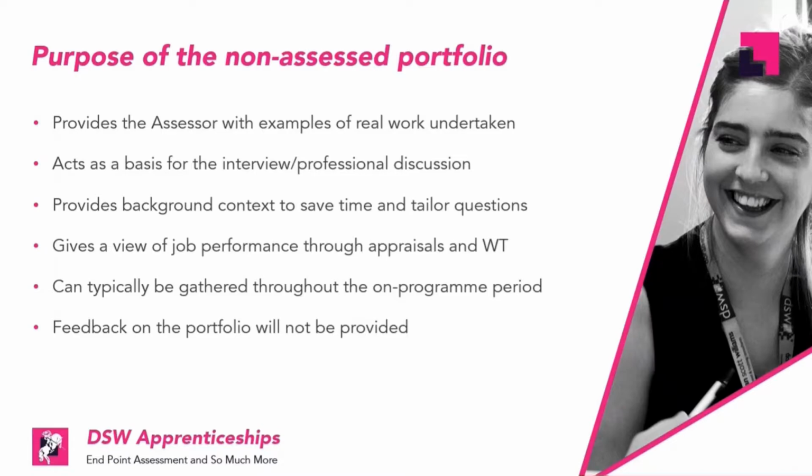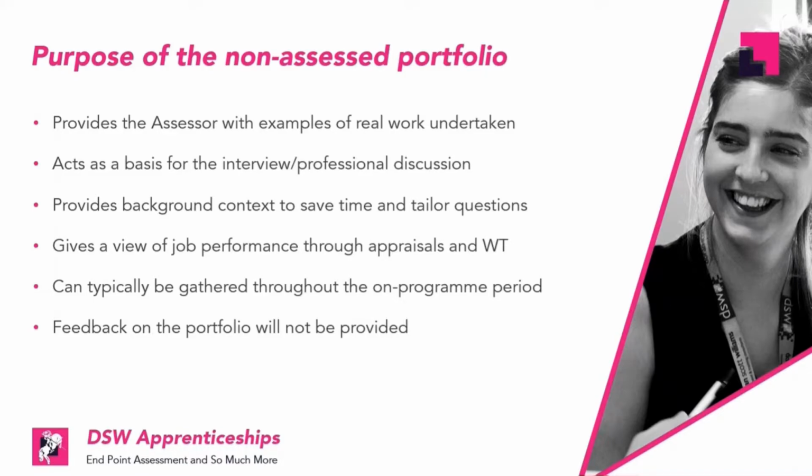The other good thing about the non-assessed portfolio of evidence is it gives the assessor another lens through which to observe the apprentice's performance. The apprentice might submit context statements and an account of what they did and some performance evidence to back that up.